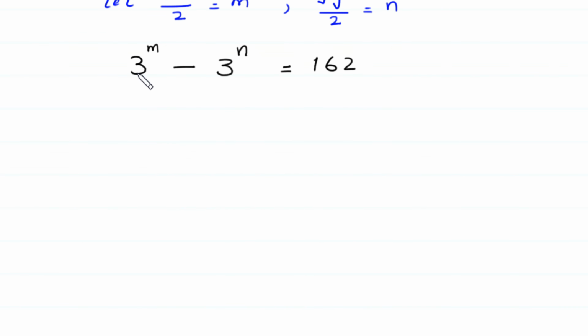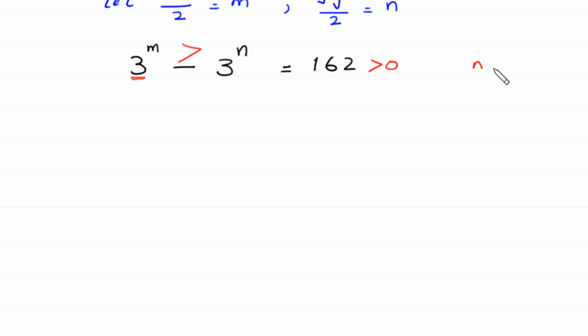Now you can see that 3 to the power m minus 3 to the power n is equal to 162, a positive number. This number 162 is greater than 0. It means this number 3 to the power m is greater than this number 3 to the power n.